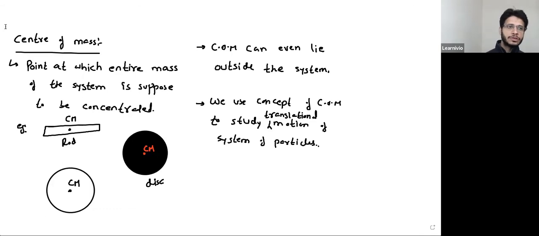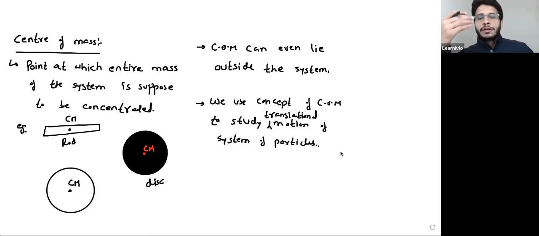Now, this is center of mass. Center of mass is just a point. Next, we will calculate terms associated with center of mass. That means first we will calculate the position of center of mass, where exactly the center of mass is. Second, we will calculate the velocity of center of mass.